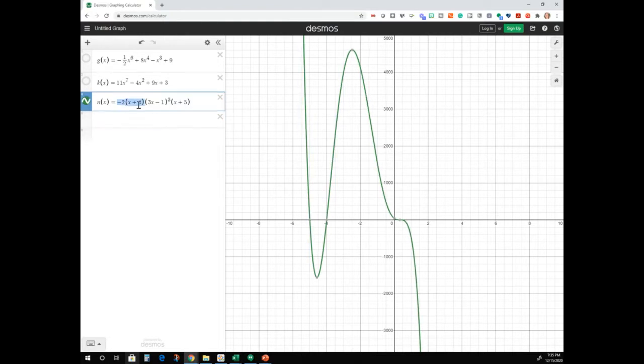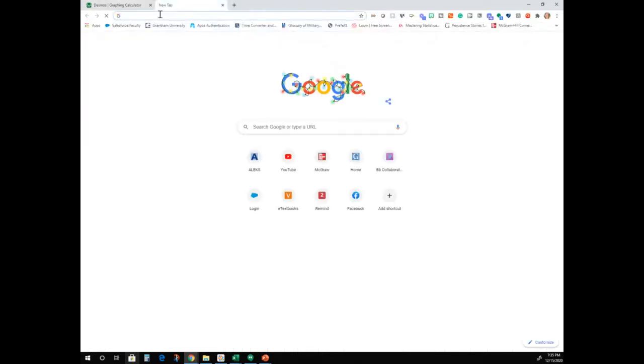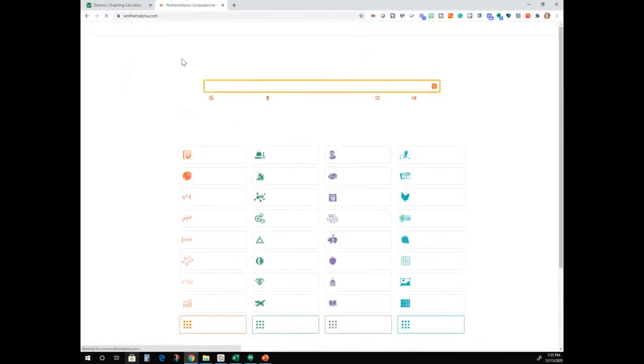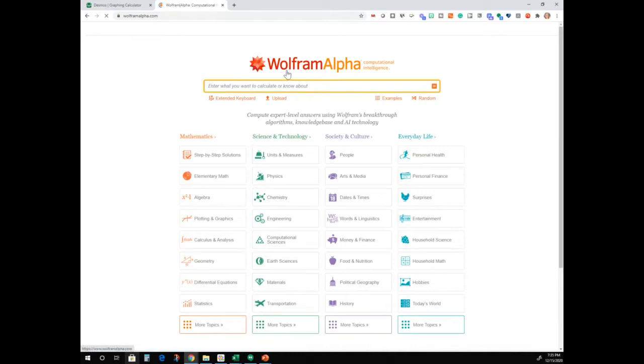Now, if you want to actually figure out what this multiplies to, there's another website that we can use to do that, because it will take a long time by hand. It's called Wolfram Alpha. It's just wolframalpha.com. It's a really neat website.